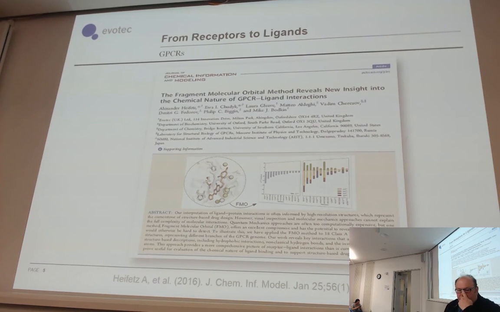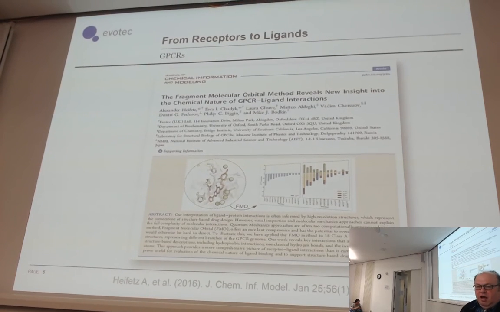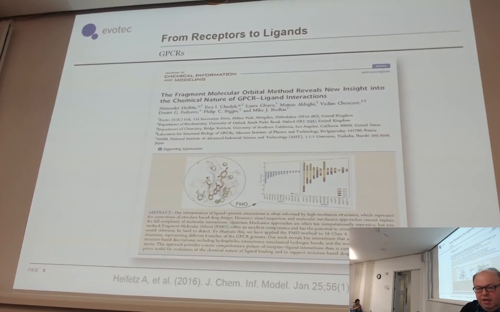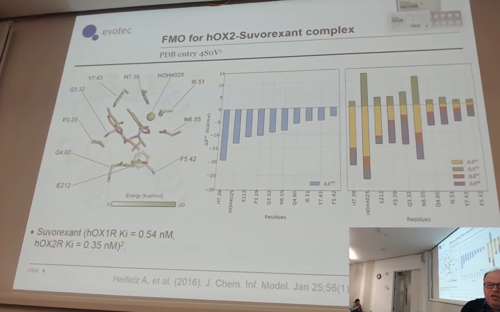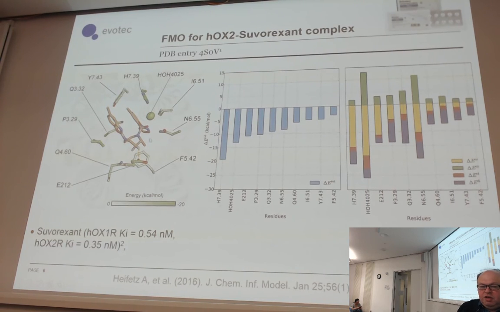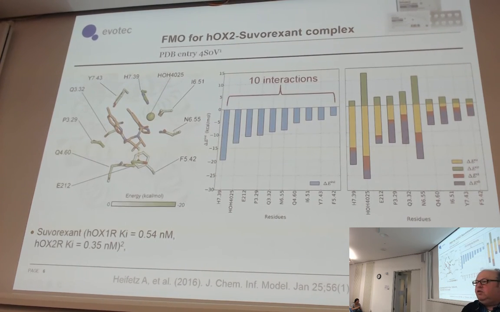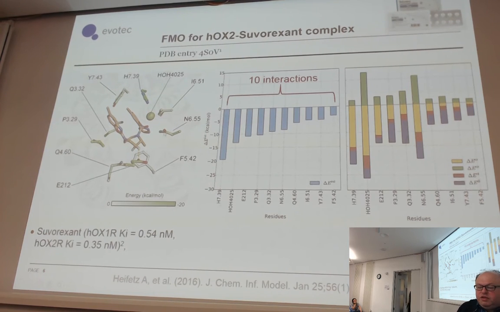So this was published in 2016. This was work we did with Matteo and Phil and other colleagues from Evotech. If we go back to suvorexant, we take the crystal structure of this compound. You actually see that you have 10 interactions. With 10 interactions, you can explain why the compound is in the sub-nanomolar range. But only if you look at this, you don't see those interactions.